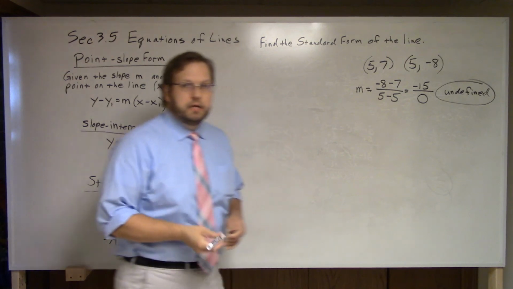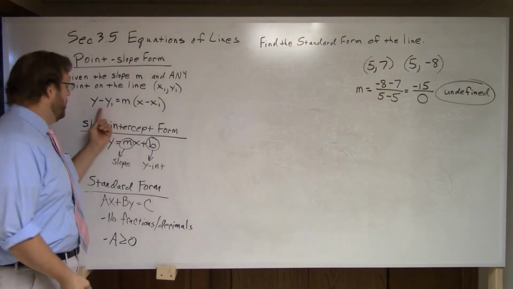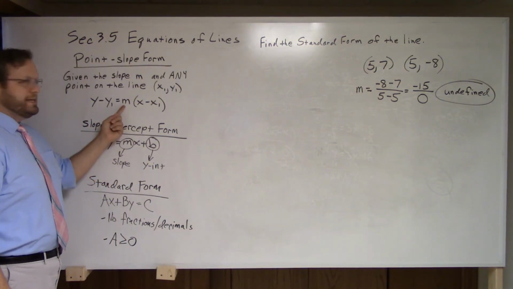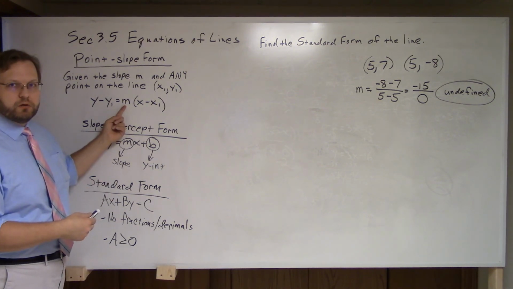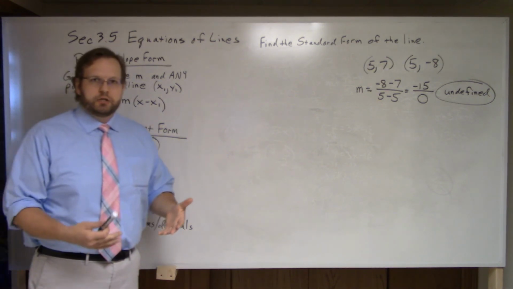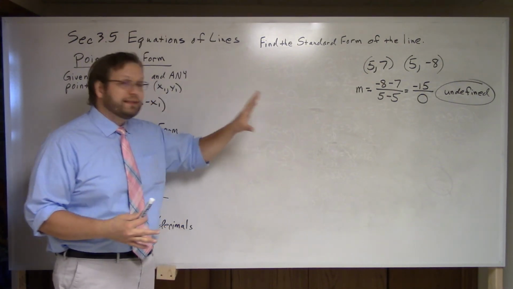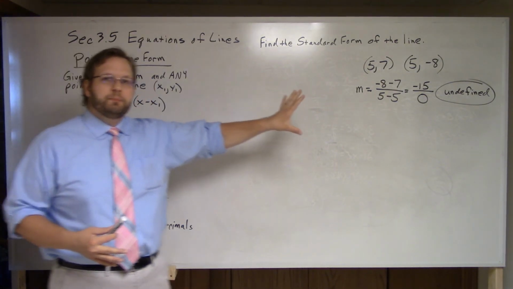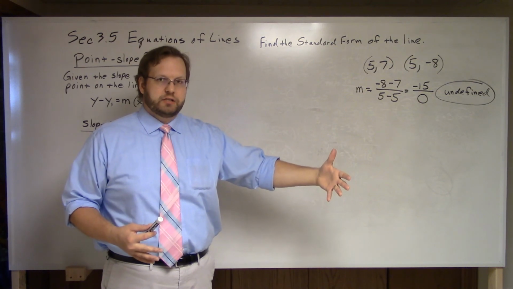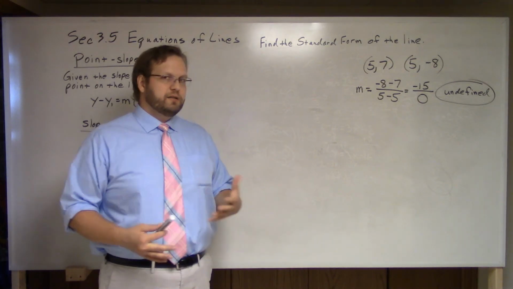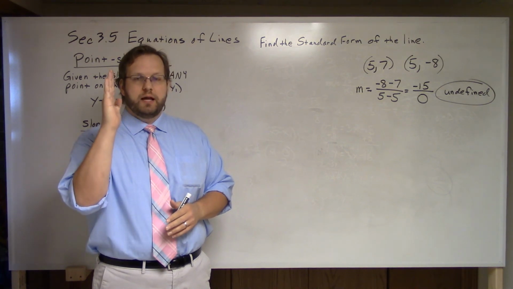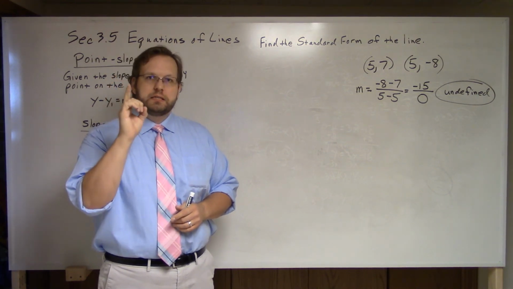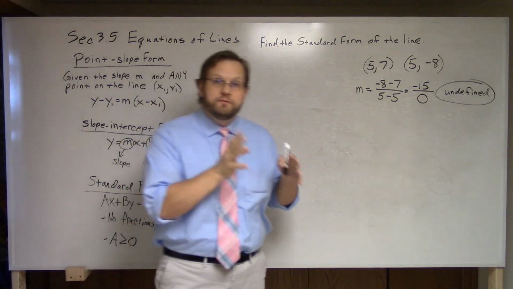Now, here's the thing. If we think, oh, I'm just going to go point slope form, you can't plug in undefined. Even if you plug in negative 15 over 0, you can't do anything with that. So we just have to know what this is. If we think back to that slope section, section 4, when we had an undefined slope, what kind of line was that? That was a vertical line, okay? So since it's an undefined slope, I know it's a vertical line.